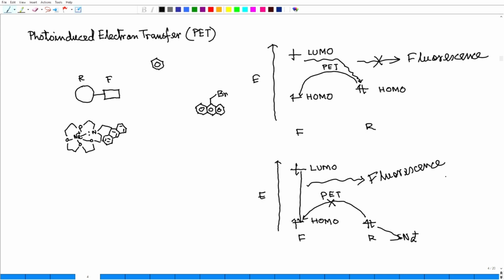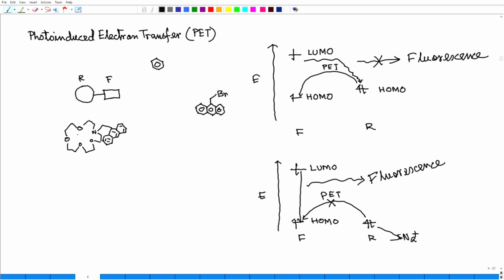So, what happened? I synthesize this system and then excite the fluorophore, and nothing happens because PET is operational.